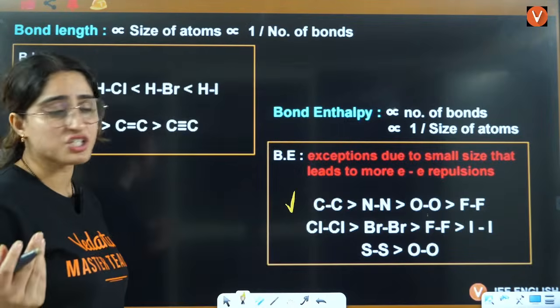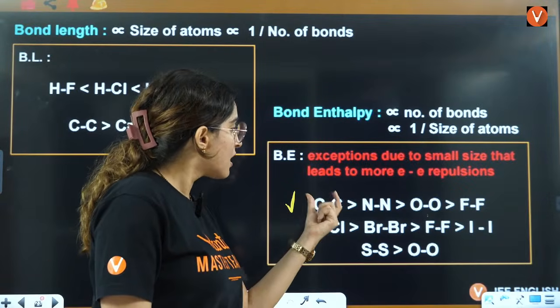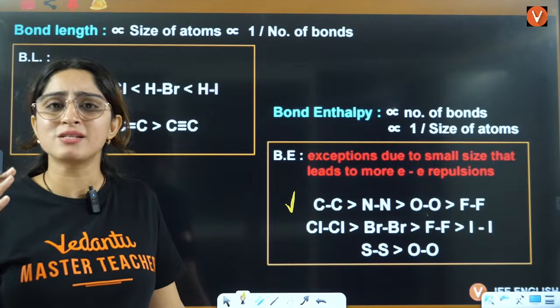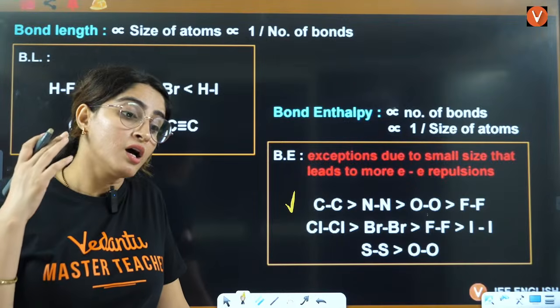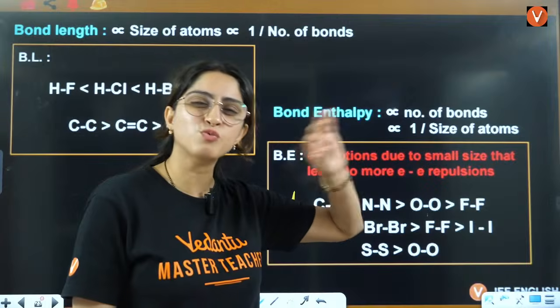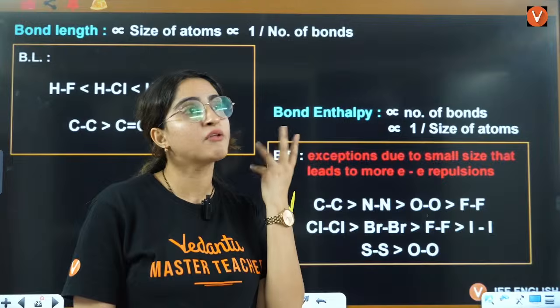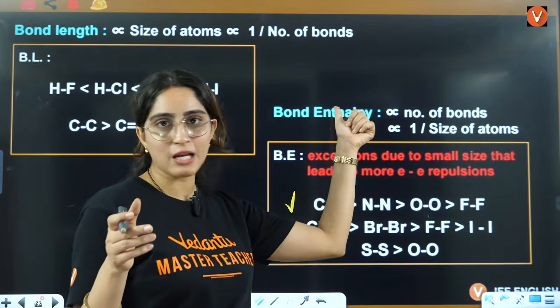But in some exceptions that we will see here in your periodic classification, you must have seen this. Some of them have very small size, and because of that their bond enthalpy should be very large. For example, fluorine has a very small size, so its bond enthalpy should be large.